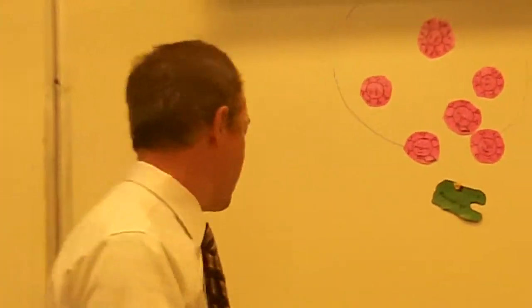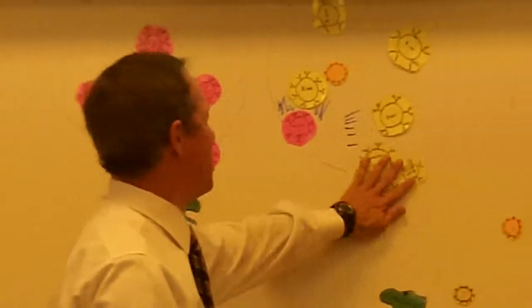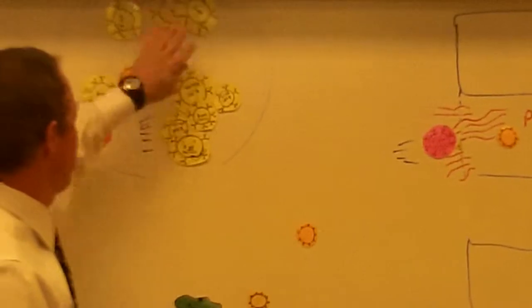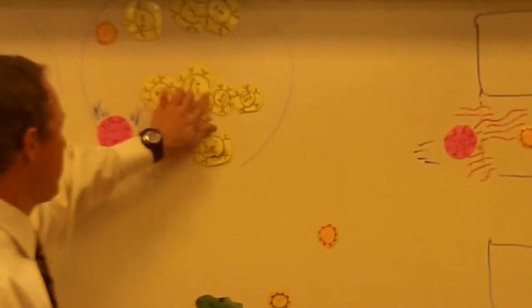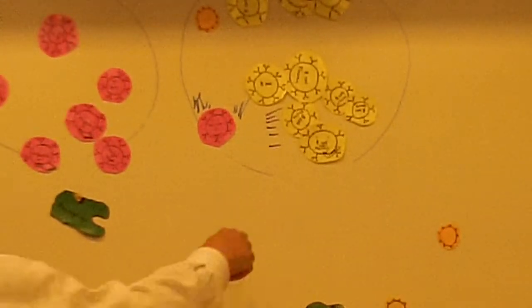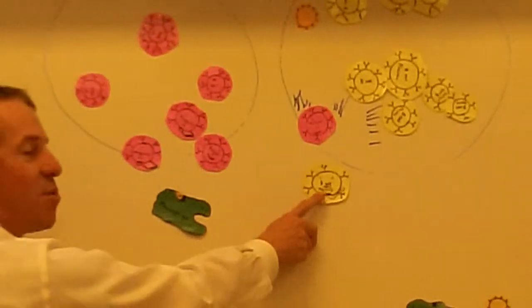And now the B cell will clone itself. And bam, the B cell has cloned itself now. Are y'all with me here? There's two types of B cells. There's memory B cells. Guess what they do?